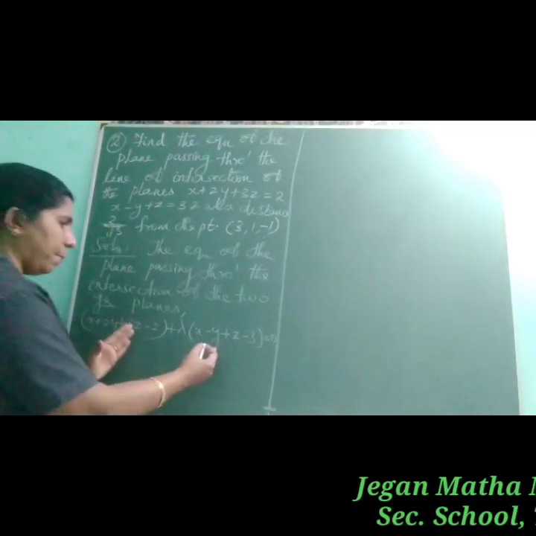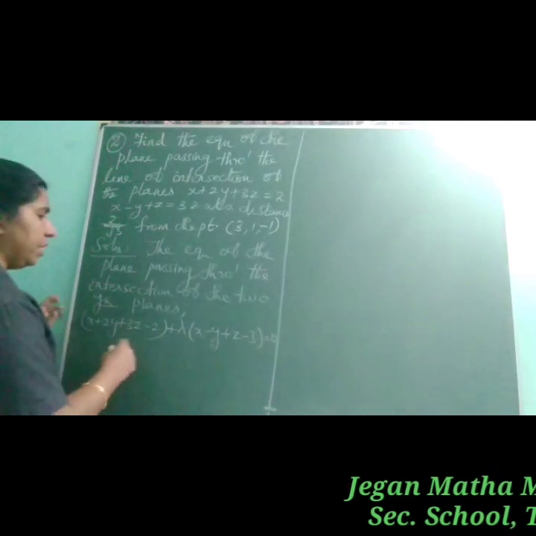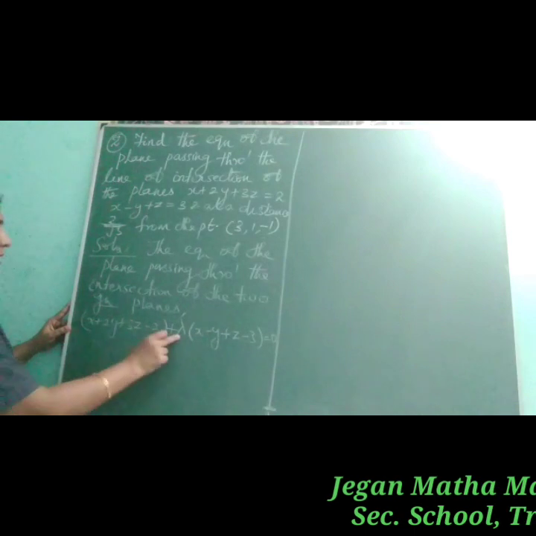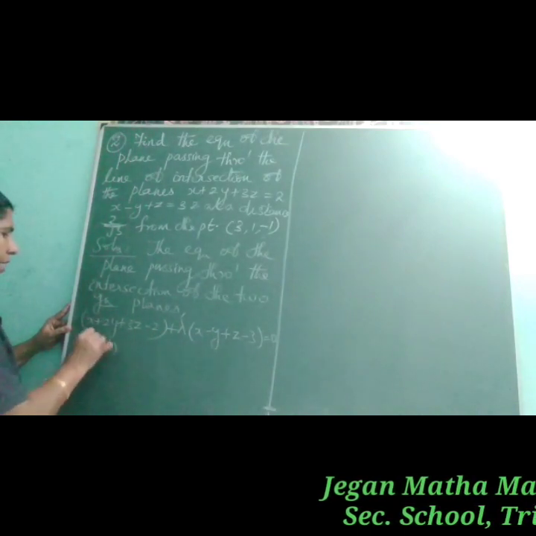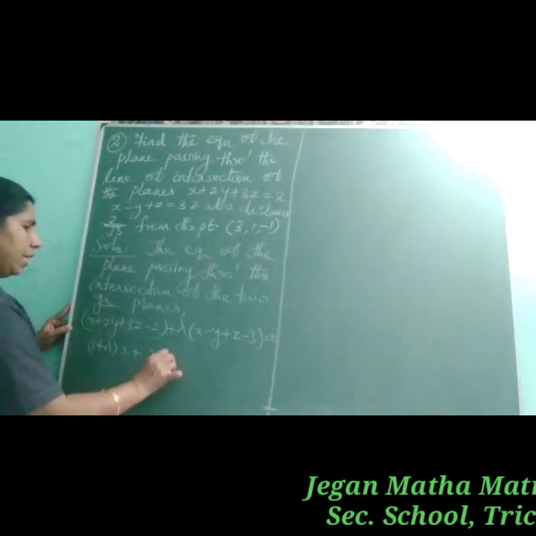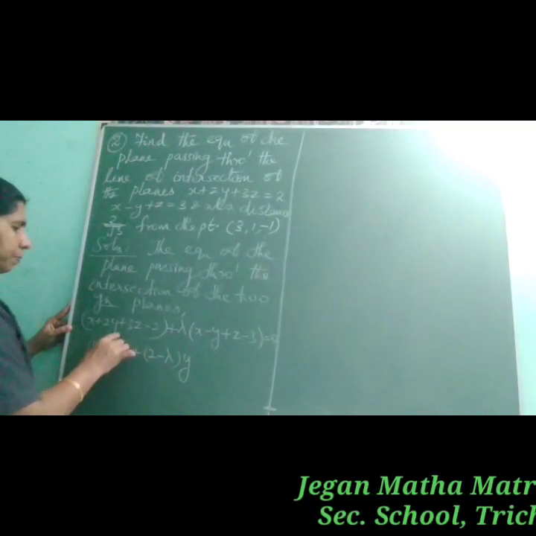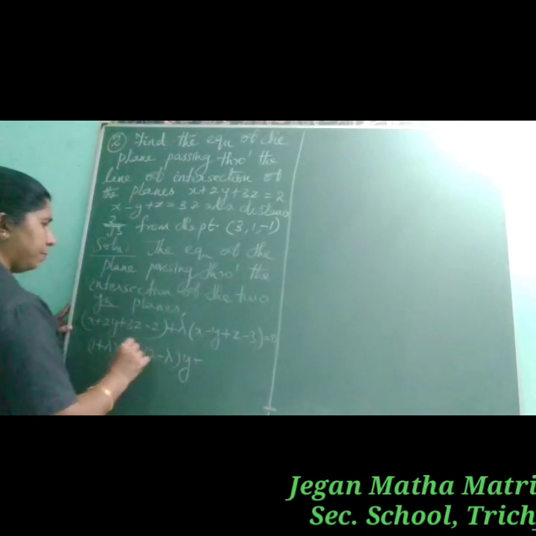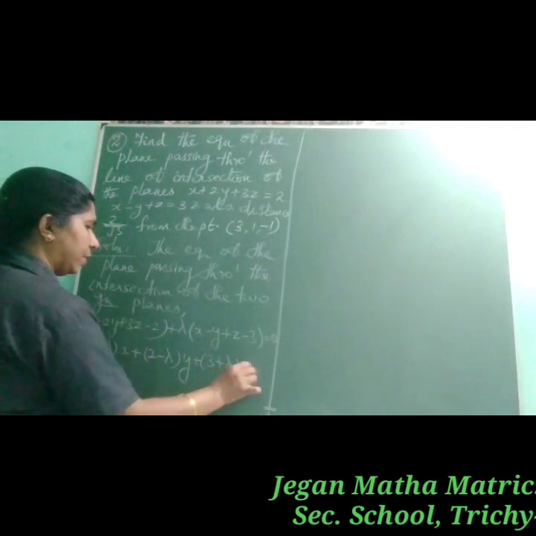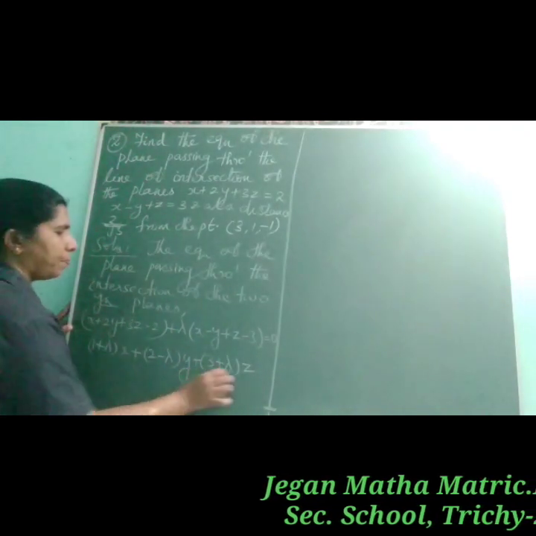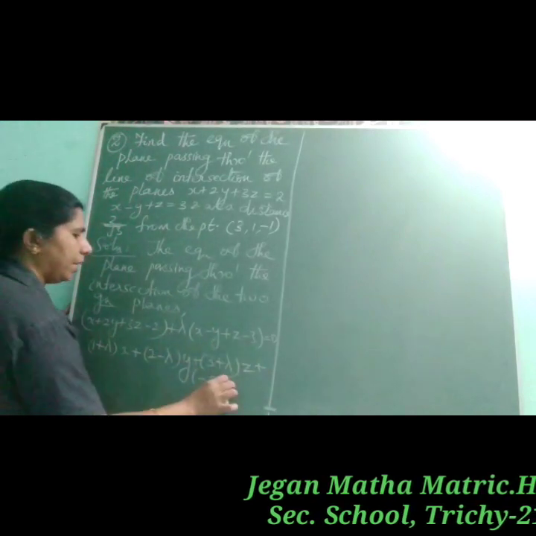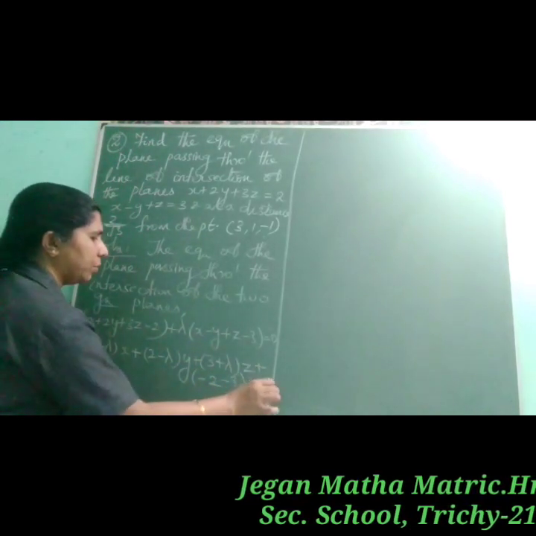So first you can combine and make it as a single equation. Combine the like terms together. So here you can write this one as 1 plus lambda into x plus 2 minus lambda into y plus 3 plus lambda into z plus constant is minus 2, here minus 3 lambda equal to 0.